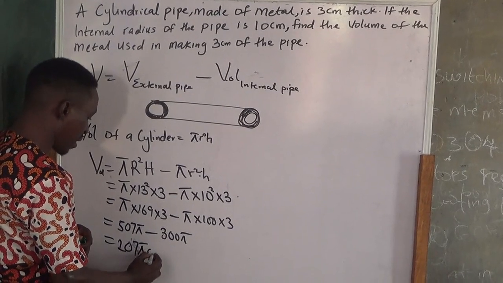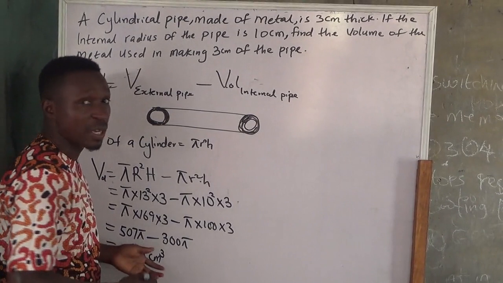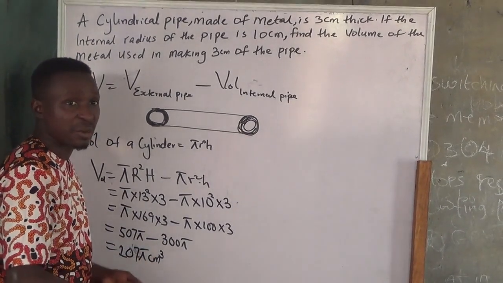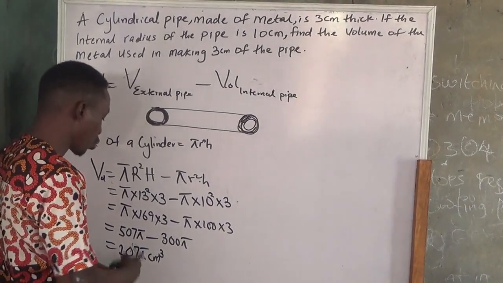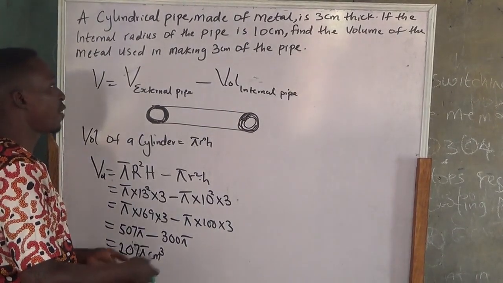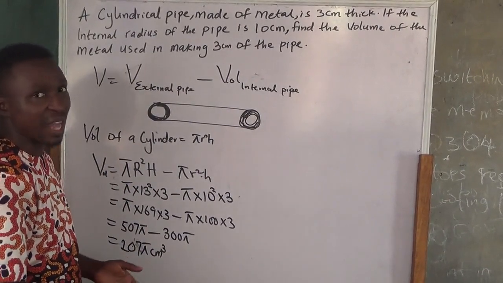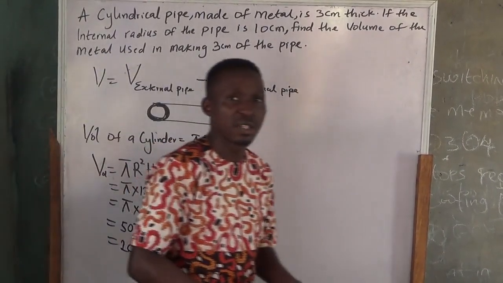207 pi centimeter cube. For anything you are doing, the volume has to be in cube, centimeter cube or meter cube. So 207 pi centimeter cube is the volume of the metal used in making 3 centimeters of the pipe. I hope that is very clear to you.